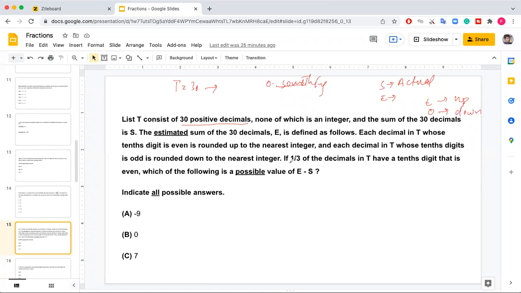And one more thing, we have 1/3 of the decimals having an even 10th digit, right? So out of 30, we have 10 decimals with an even 10th digit and 20 having an odd 10th digit, right?